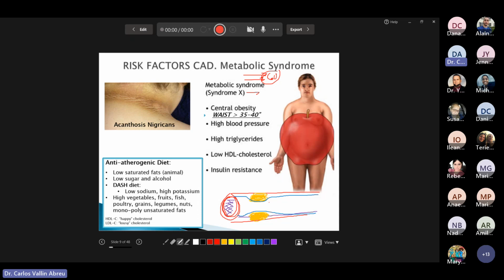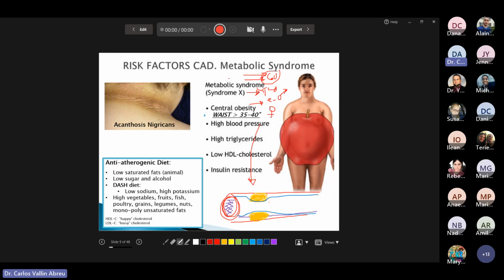Your age is a risk factor, as it is a disease that is rare in young people. It starts appearing after middle age, after your 50s, more or less, and you cannot modify your age. And gender: it appears earlier in males and later in females. Doesn't mean that females don't have this disease, but it appears later than in males.